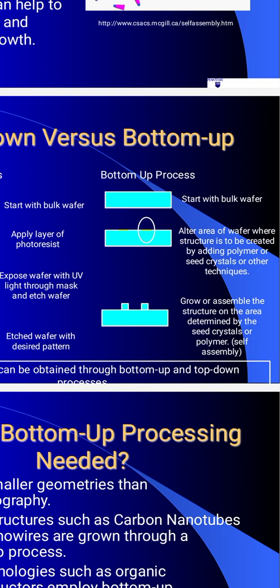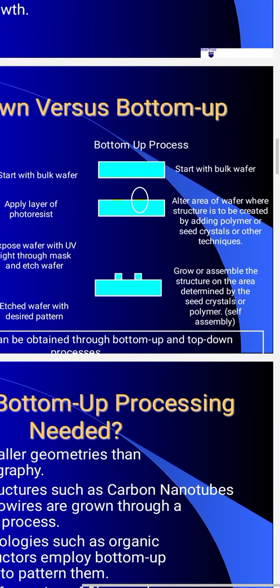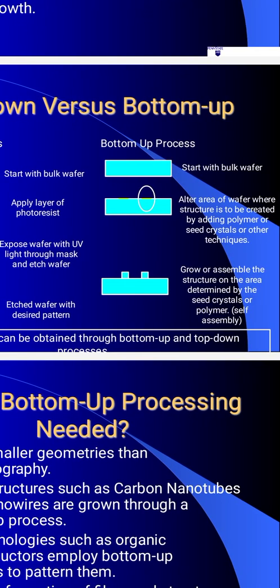Where the structure has to be formed, the area is created by adding polymer or seed crystals or other techniques. You can use any technique to make the area suitable for growing the structure. So grow or assemble the structure on the area determined by the seed crystals or polymer. So there is a seed crystal there, and on this seed crystal or polymer, the structure is growing.